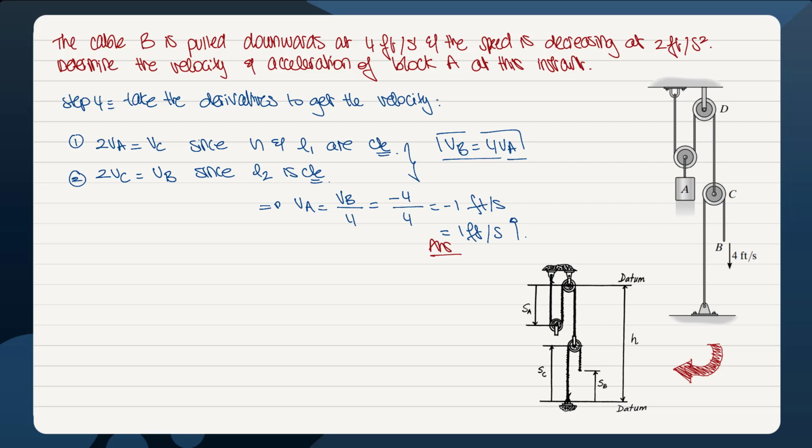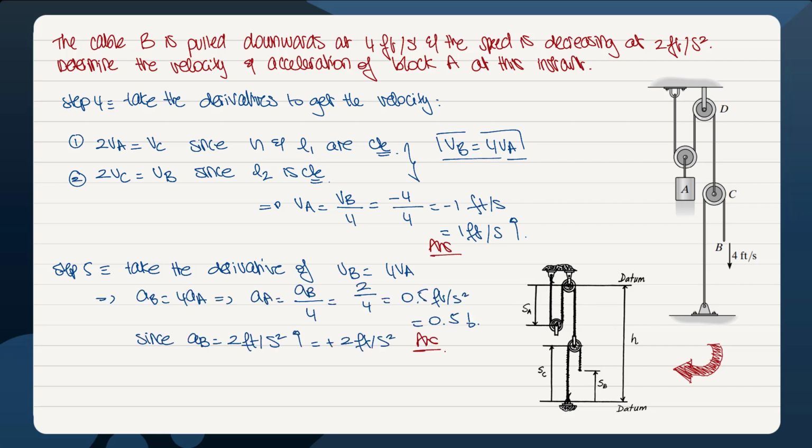The last step is to take the derivative of VB equals 4VA in order to get an expression for the accelerations. So AB is equal to 4AA, so AA is equal to AB over 4. And we know that AB is equal to 2 feet per second squared in the upward direction. Now looking at the datum we've selected here for B, the upward direction is positive.